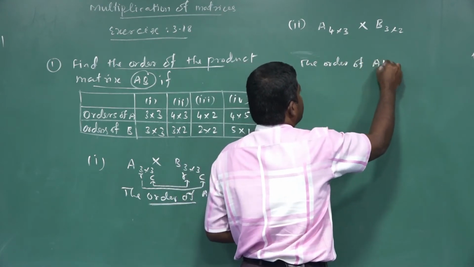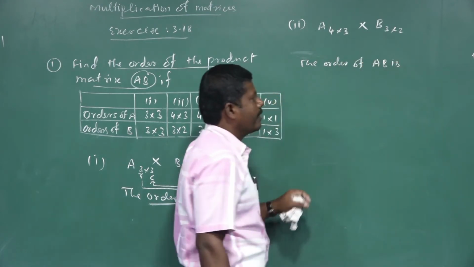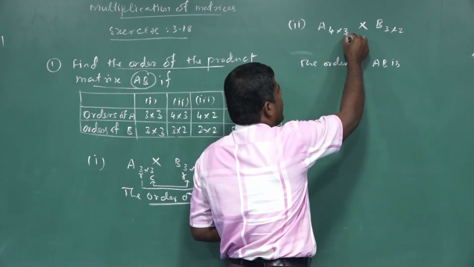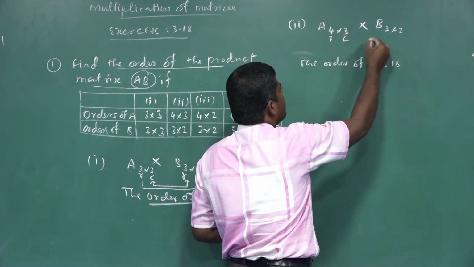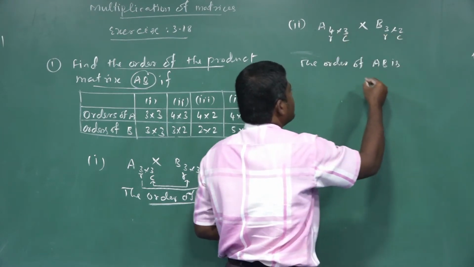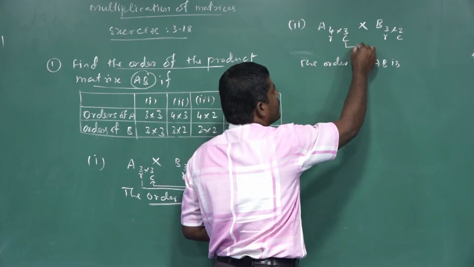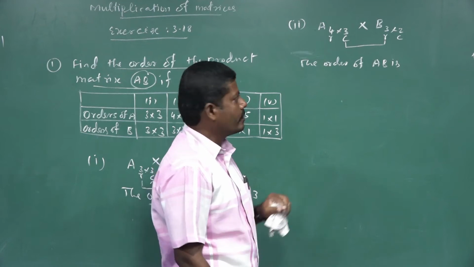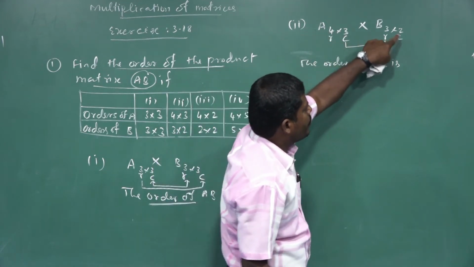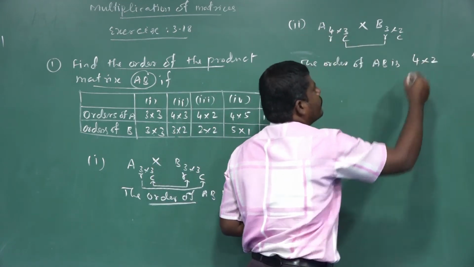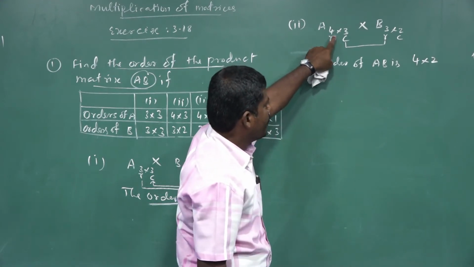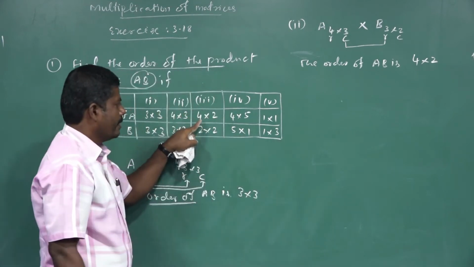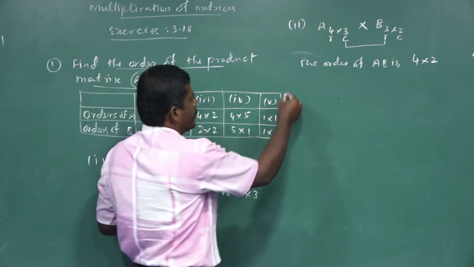The order of product matrix AB is: this is row, this is column, this is row, this is column. So this column is equal to this row. So the product is possible. Matrix multiplication is possible. So our result order is 4 by 2. Understand? Next we take question number 3. A is of order 4 by 2.